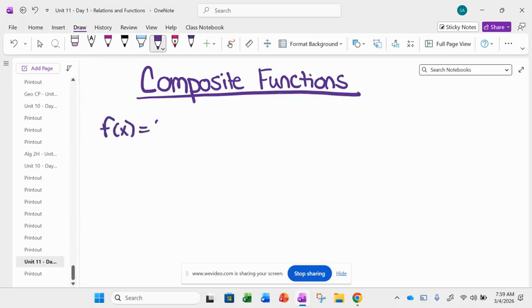F of x is equal to 3x plus 2, and g of x is equal to 3x. First question for you, unrelated to what we're actually doing, but just rolling in. For f of x or g of x, are either of our domains restricted?